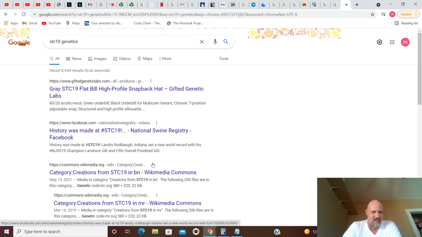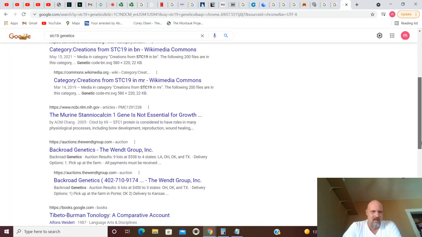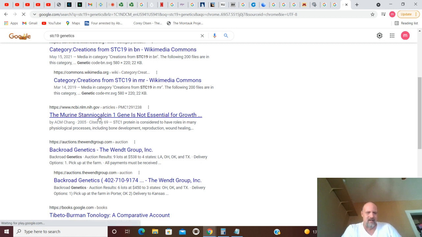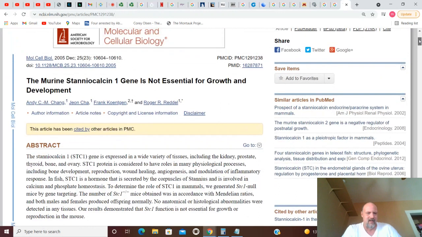STC19 National Swine Registry. Well, you wouldn't need the 19. How about STC1 protein? Even if you did that, STC1 is not essential for growth and development. Here's the STC1 gene.